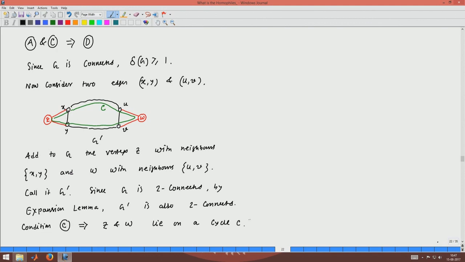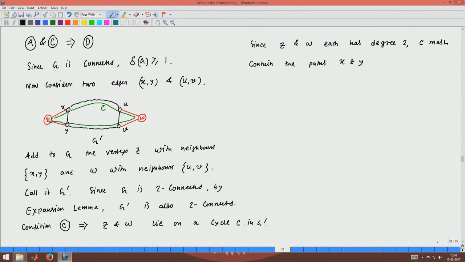Now, cycle C in G prime. Since z and w each have degree 2, C must contain the paths x, z, y and u, w, v.